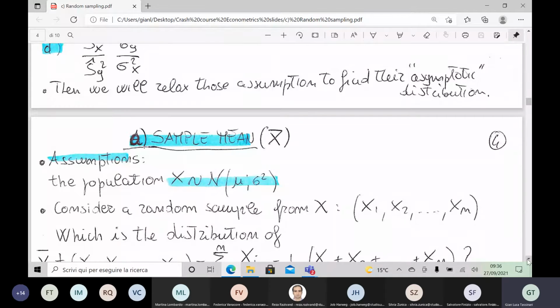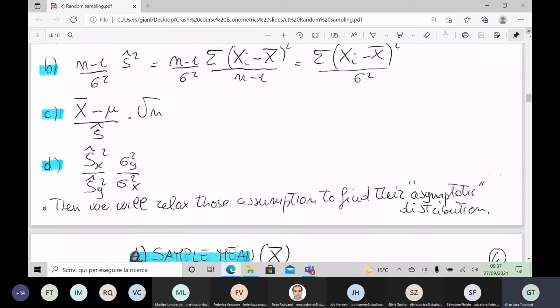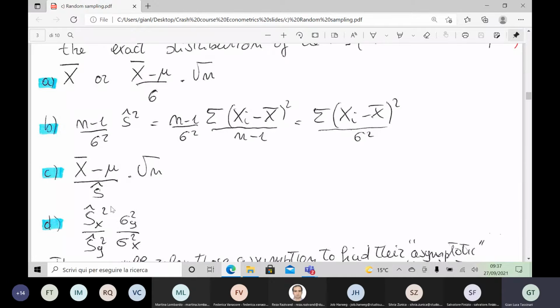Now I'm going to show you some very important random variables which are used in statistics, and these random variables are called sample statistics, and we will find their distribution. In particular, guys, all these random variables or sample statistics are functions of a random sample, and so they will be random variables. To clarify everything, I start with this one, capital X bar.